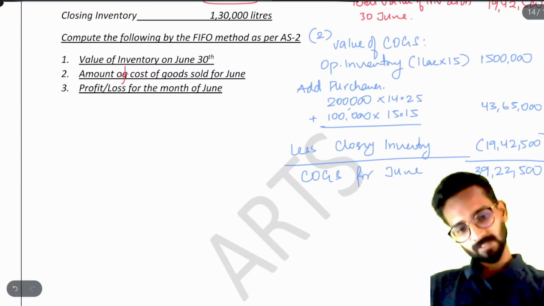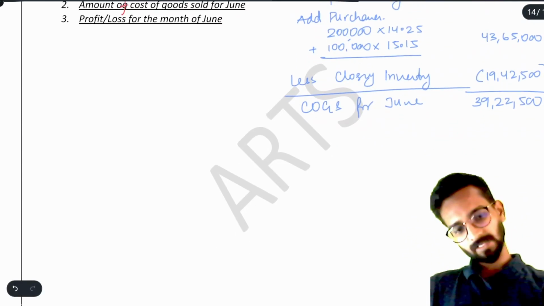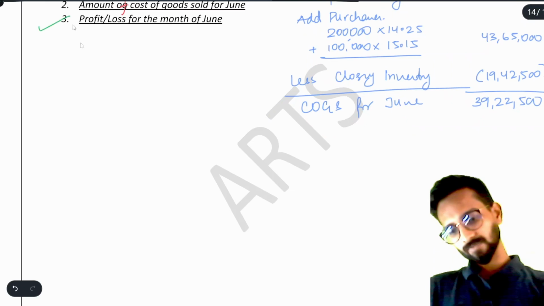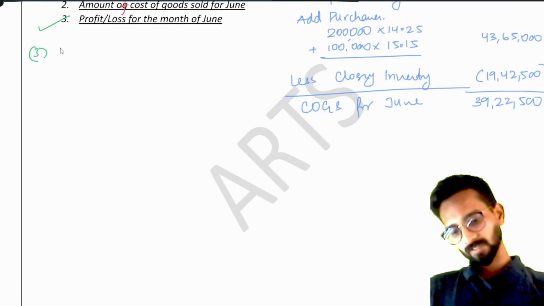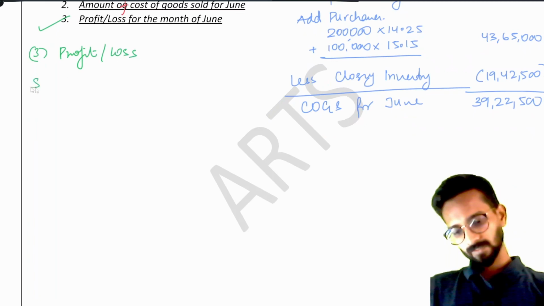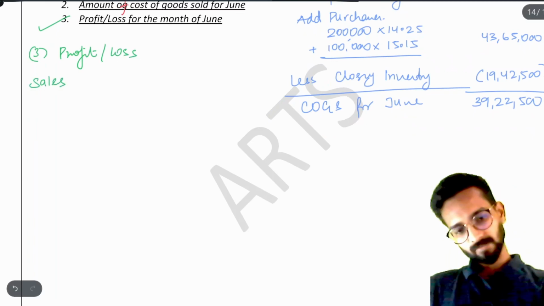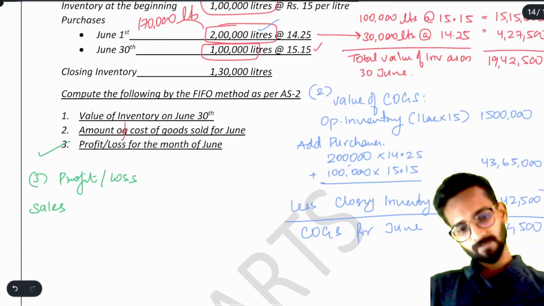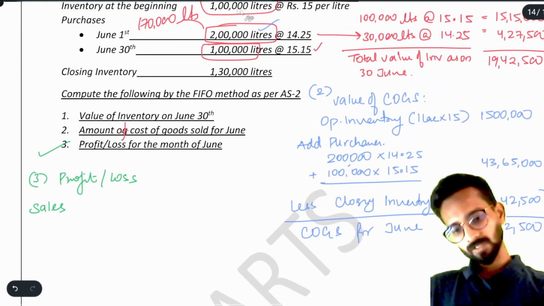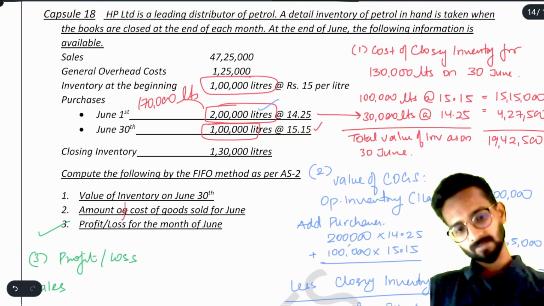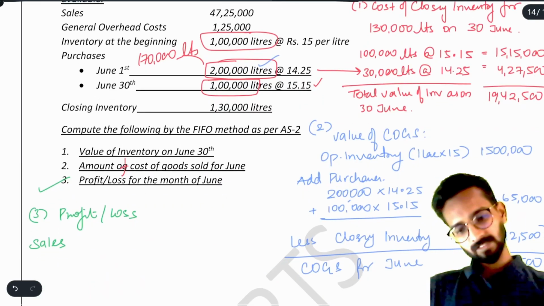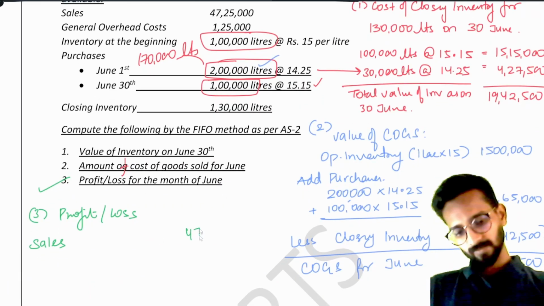Now after this, the third they are asking is profit or loss for the month of June. So point number 3, profit or loss. Sales is how much? Where is sale? See what we have already sold. We have sold this 1 lakh liters. We have sold this 1 lakh liters. Okay, they have directly given us the amount, so we are not supposed to calculate anything. Sales is 47 lakh 25,000.